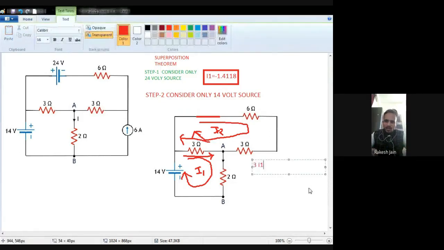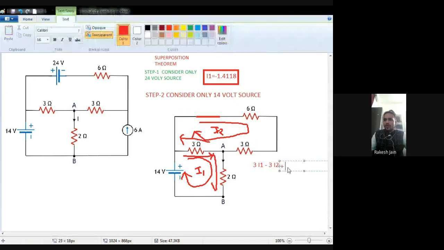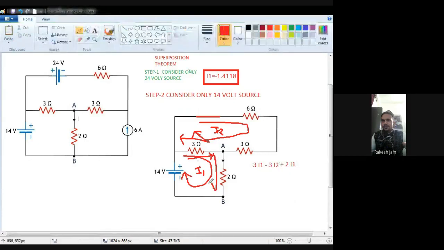Okay, so just see this one. When I remove it again, you will not be confused, because we have to do step number 2nd. Now this is the step number first answer, that is minus 1.4118. Now we are going to solve step number 2nd. We have to find out the current through the 2 ohm resistor with the help of superposition theorem.